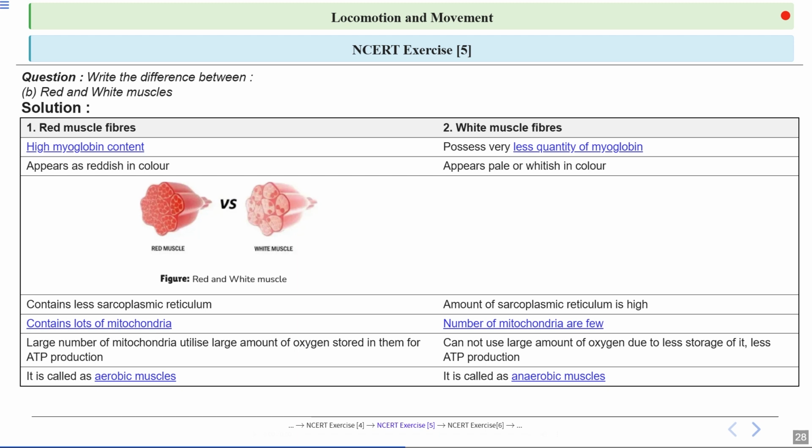Third, in red muscle fibers there is less sarcoplasmic reticulum, and in white muscle fibers the amount of sarcoplasmic reticulum is usually high.